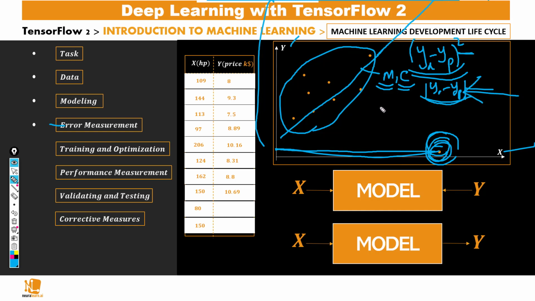Now there is a loss function known as the Huber loss, which permits us to make use of the mean square error and the mean absolute error in a more intelligent manner. That is, when we have an outlier, we use the mean absolute error, but when we have a normal data point, we use the mean square error.